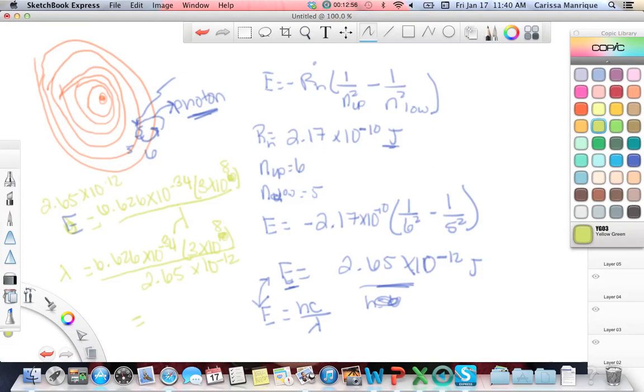And you divide that whole number by 2.65 times 10 to the negative 12. And I get 7.5 times 10 to the negative 14, and that's in meters.